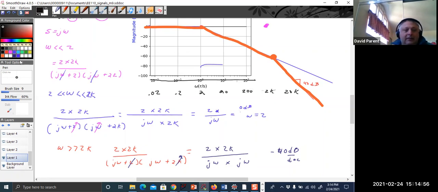The key things are to make sure, if you're doing a hand plot, that we have 0 dB, that we have the 2 labeled properly, and that we have the 2K labeled properly.